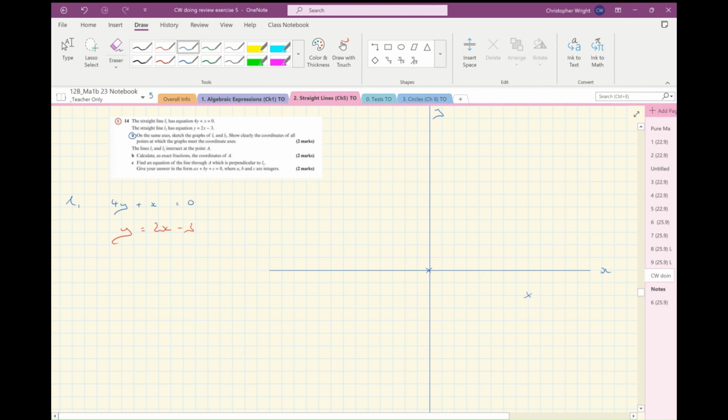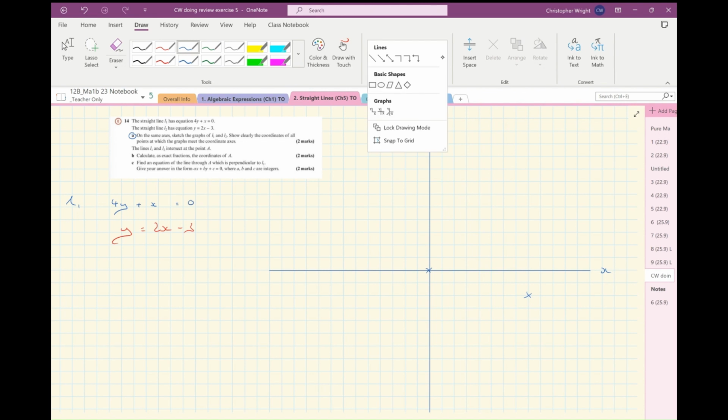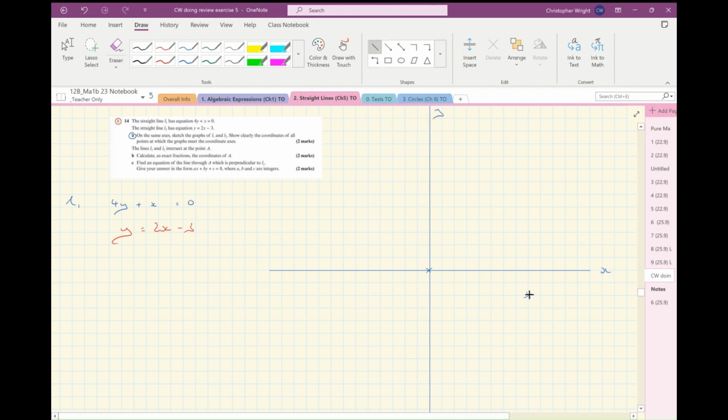There we go, there are 2 points on the line, and so I can join those. And there is the sketch of my line, 4y plus x equals 0. And I'm asked to label the coordinates of the points where the lines cross the axis. So that's the point 0, 0.